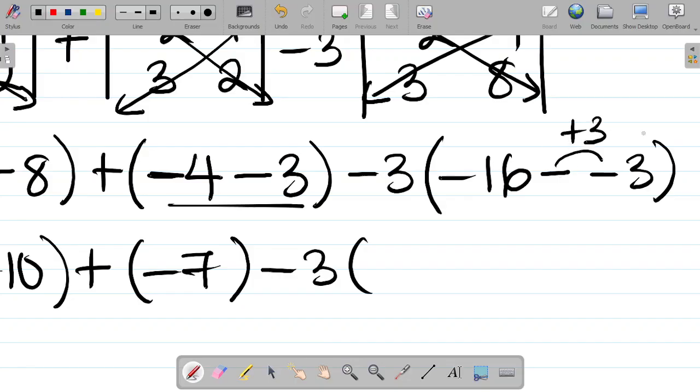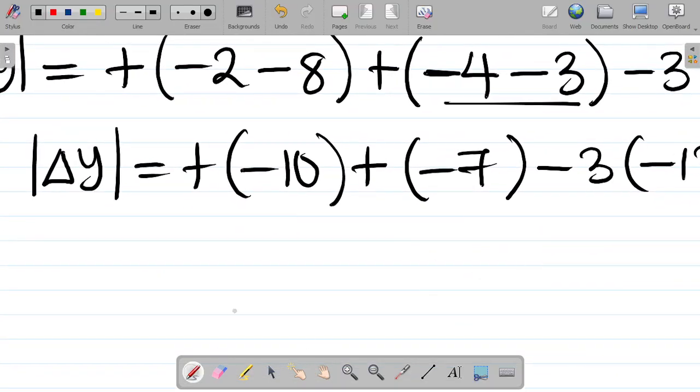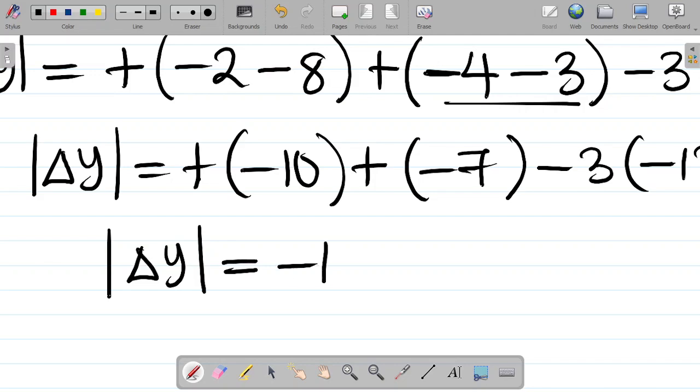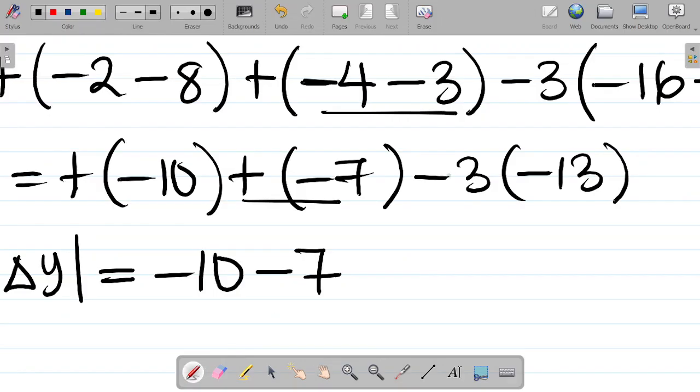So it becomes minus 16 plus 3, which is minus 13. Alright, let's work on this. The determinant of lambda y is equal to minus 10, plus minus 7 is minus 7, minus 3 times minus 13. Minus times minus is plus, 3 times 13 is 39.